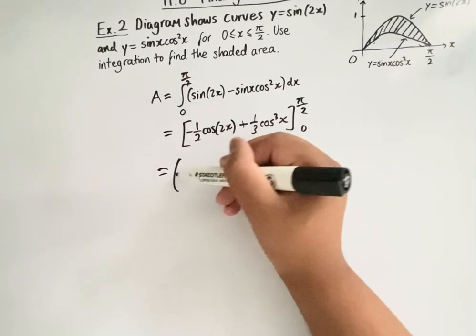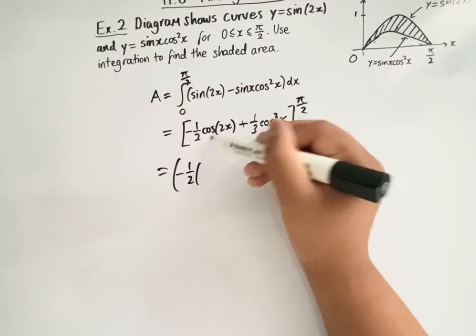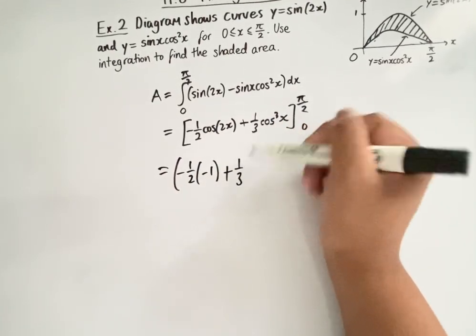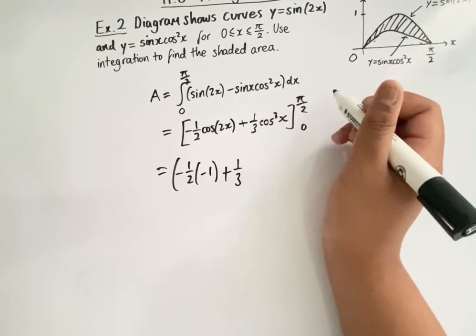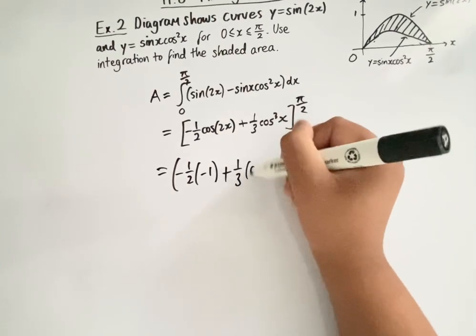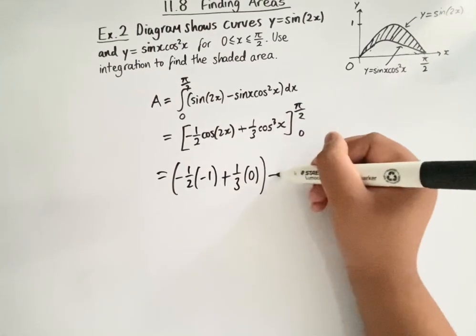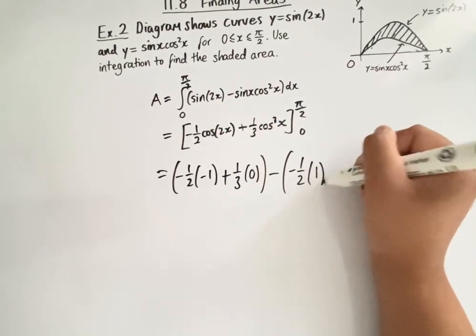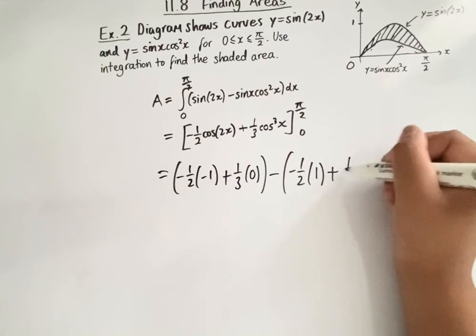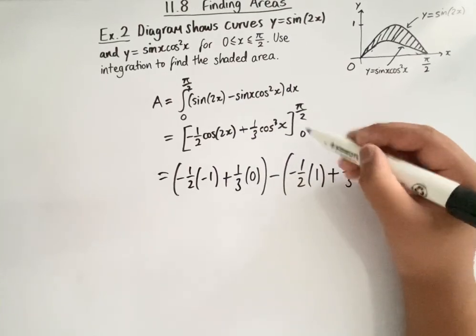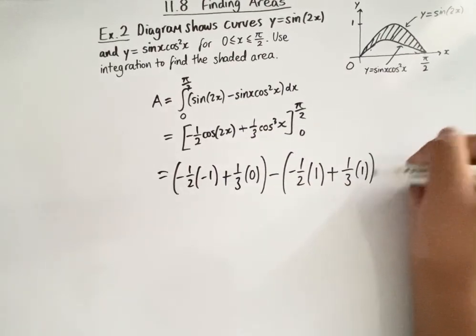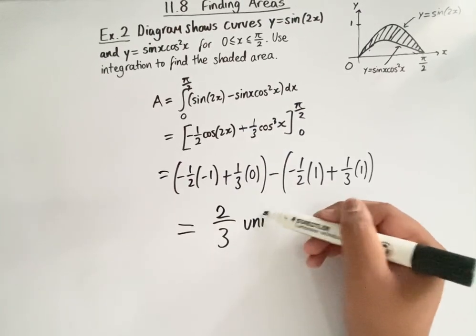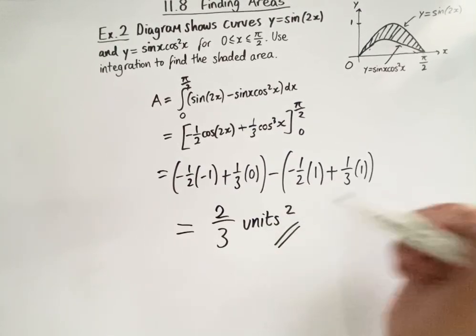This will be equal to negative a half multiplied by cos of pi, which is minus 1, plus a third of cos of pi over 2, which is 0 cubed, minus negative a half multiplied by cos of 0, which is 1, plus a third times cos of 0 cubed, which is just 1 again, and this will give you 2/3 units squared.